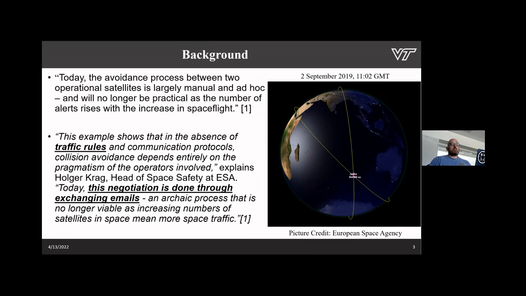Generally, what happened was they nearly collided, and Starlink has an autonomous collision avoidance system. So there was this back and forth between the space operators at ESA and Starlink about who was going to do what, as you can see in what I've got highlighted here.